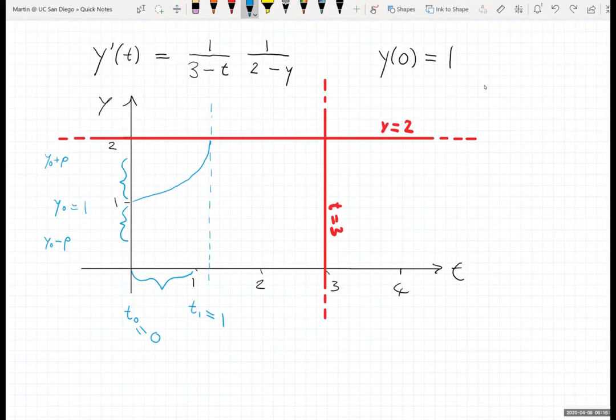So we have the ordinary differential equation y prime of t equal 1 over 3 minus t times 1 over 2 minus y, with initial condition y at 0 is equal to 1. And in this picture here, you see a horizontal axis, which is for the time direction, and a vertical axis, which is for the y direction.